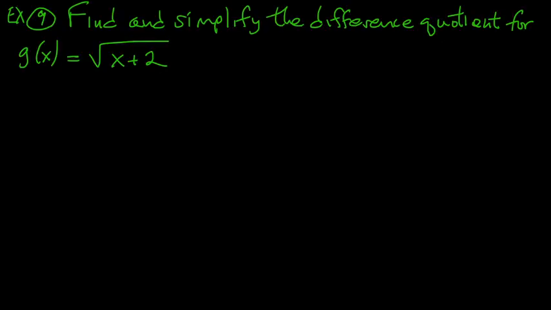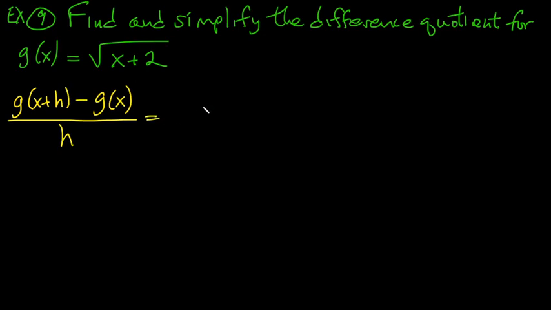Okay, so we want to find and simplify the difference quotient for g of x, which is equal to the square root of x plus 2. So again, the difference quotient is g of x plus h, I'll stick with h, minus g of x, all divided by h. Well, what's g of x plus h?